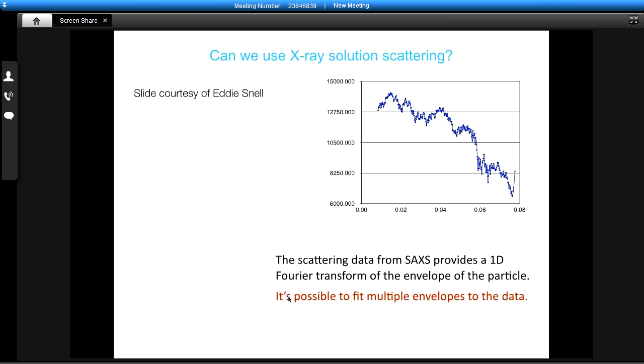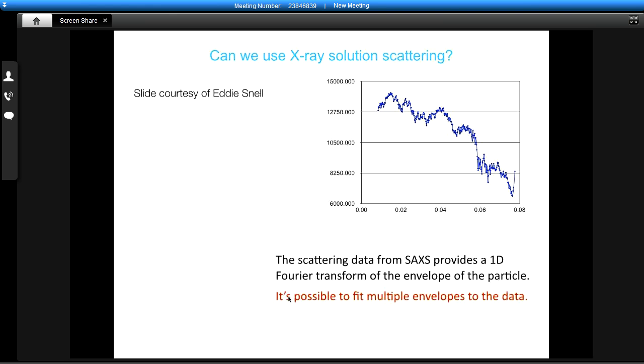So this is an excellent example of what SAXS can do for you that I got from my PhD advisor, Eddie Snell. This is just a typical SAXS pattern, and it's possible to fit multiple envelopes to the data. You saw a little bit ago that running the same exact data in the modeling algorithm will give you slightly different ab initio envelopes.